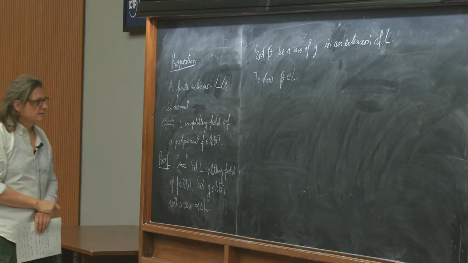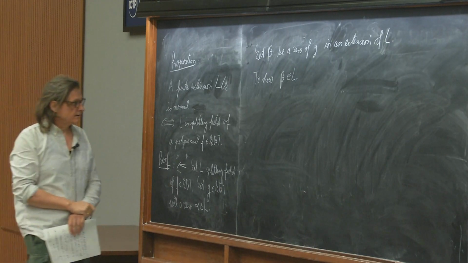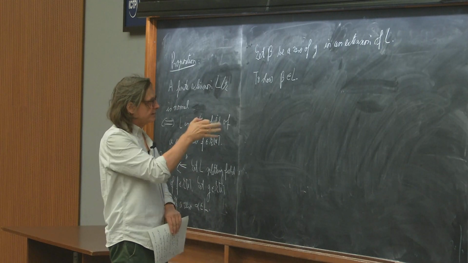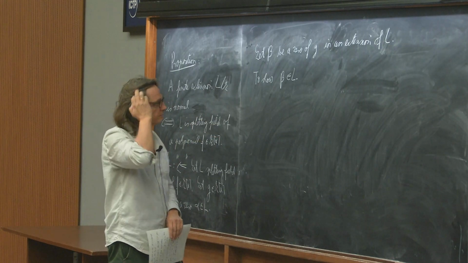We can just keep dividing by x minus beta, get a polynomial of lower degree until it splits.